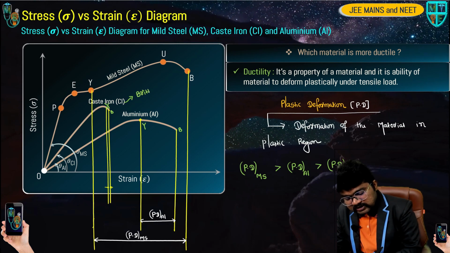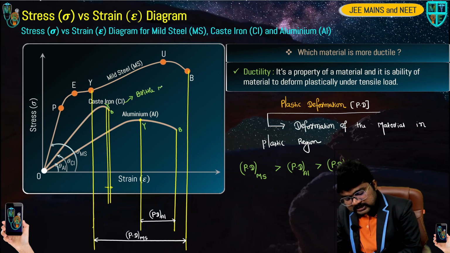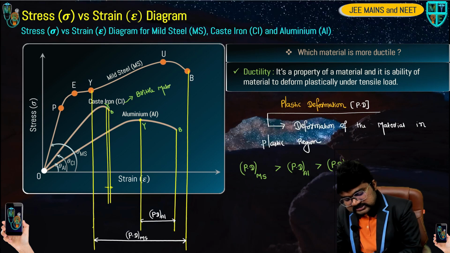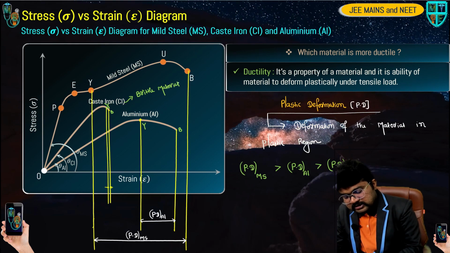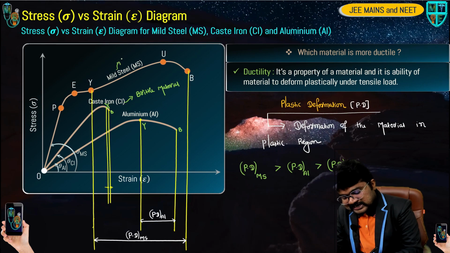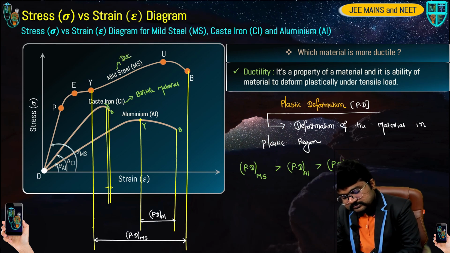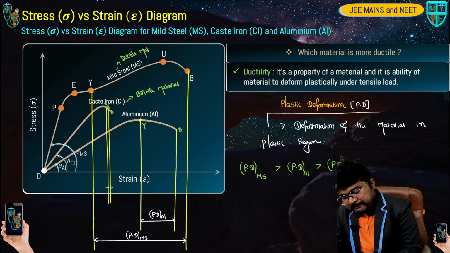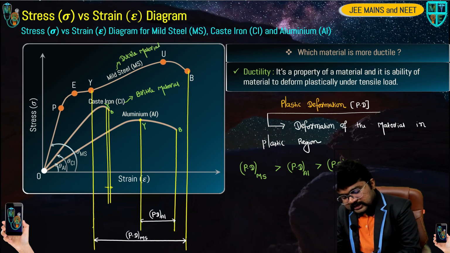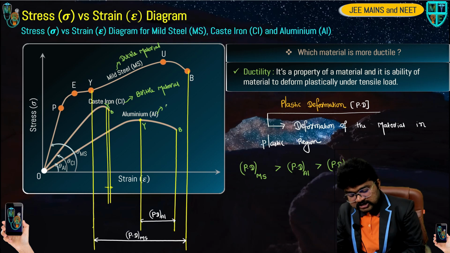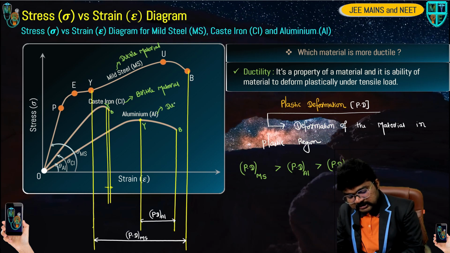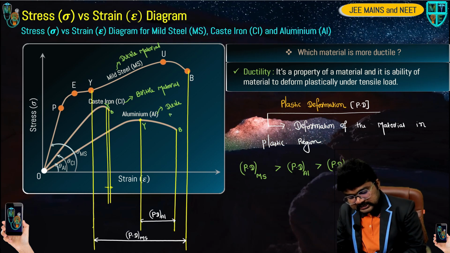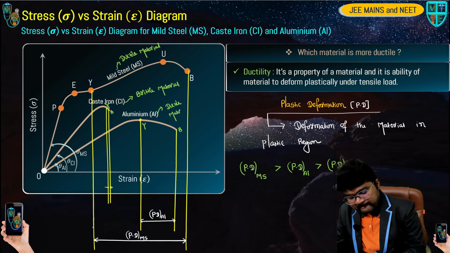Sudden failure will occur. This is the brittle material, and this is the ductile material. Aluminium is also a ductile material.